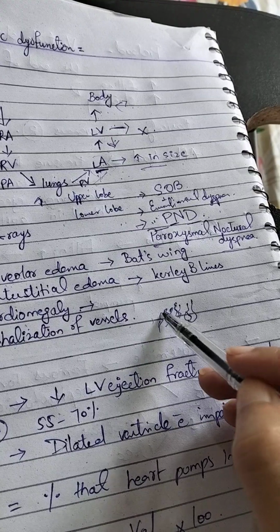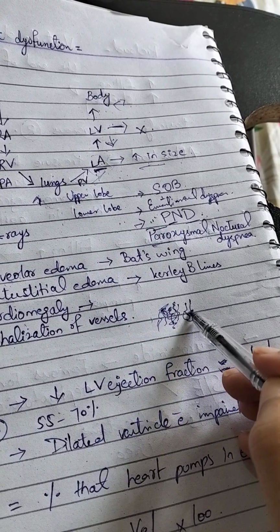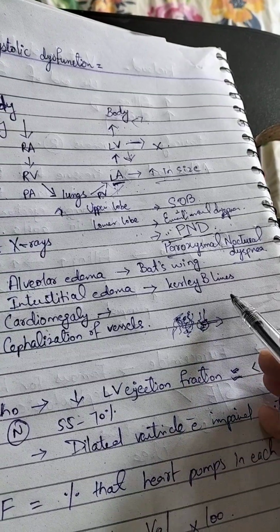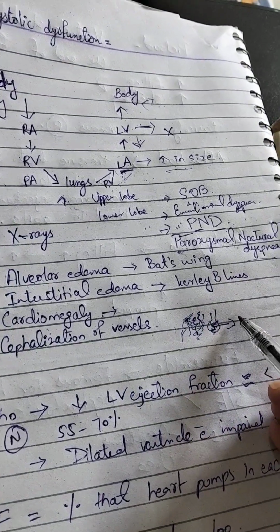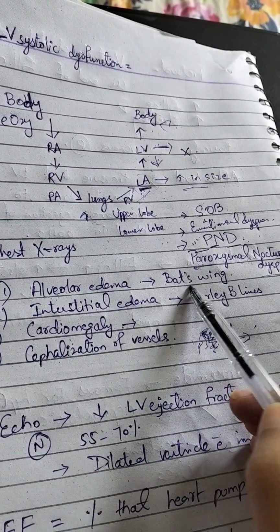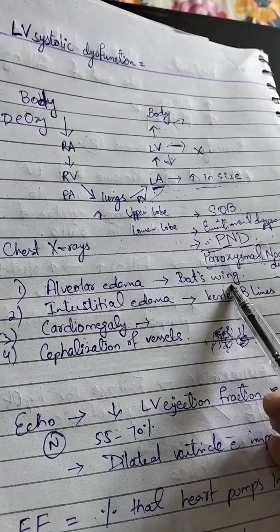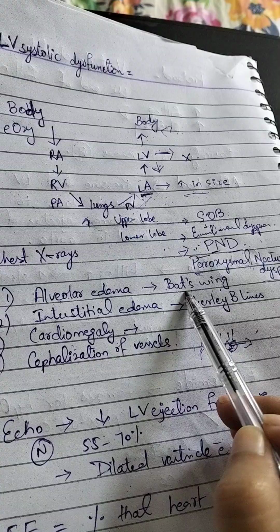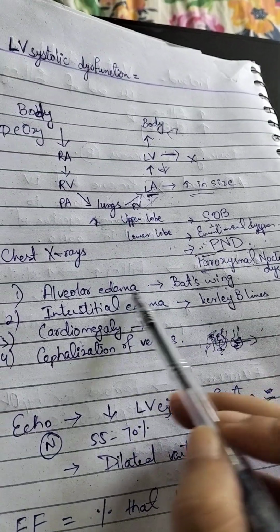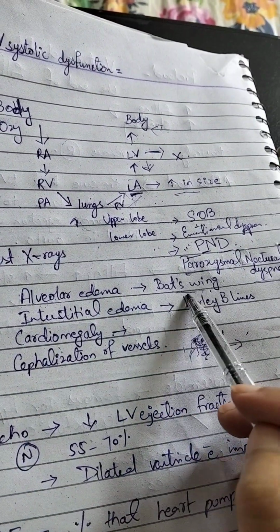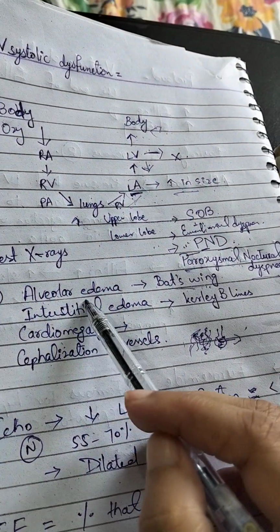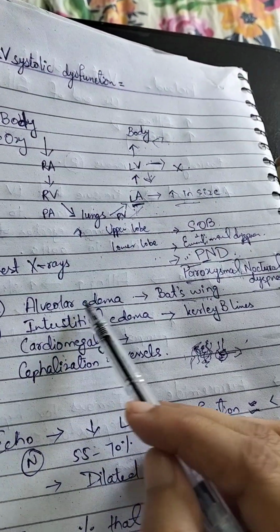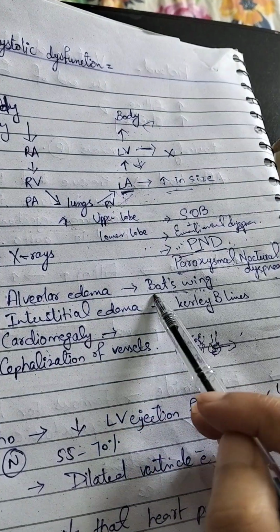Fluid will enter both the interstitium and the alveoli. If it is entering the alveoli, which is why you are feeling difficulty in breathing, it is called bat's wing appearance. I will attach the picture so it will be very clear, but the medical term is bat's wing appearance because it looks like the wings of a bat. Alveoli filled with fluid take the appearance of bat's wings.